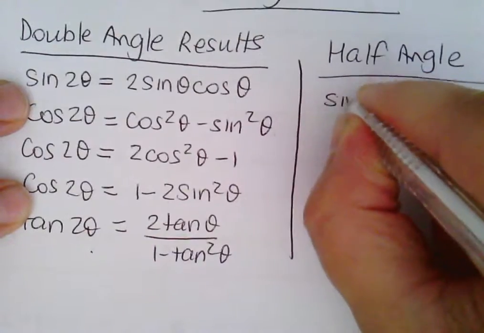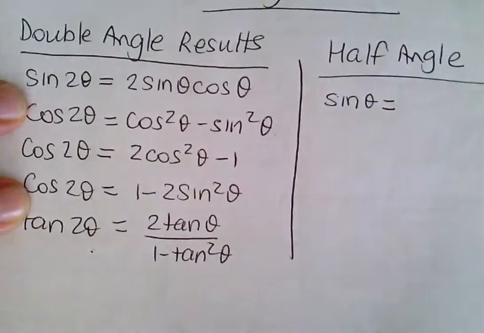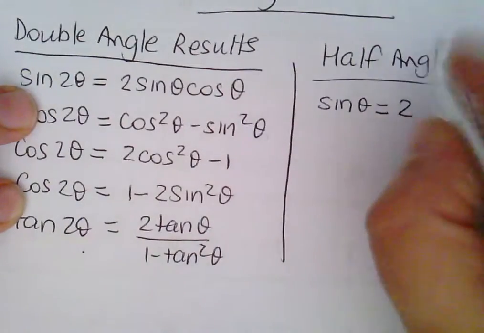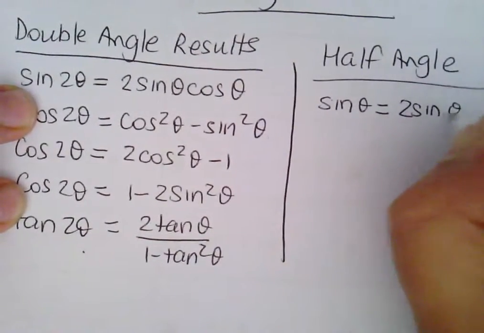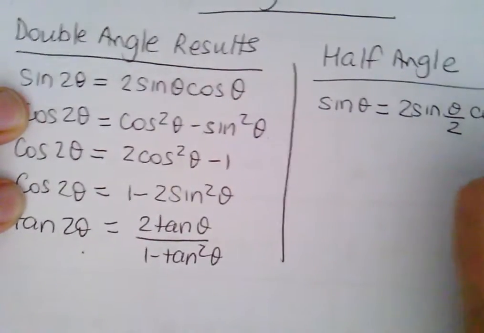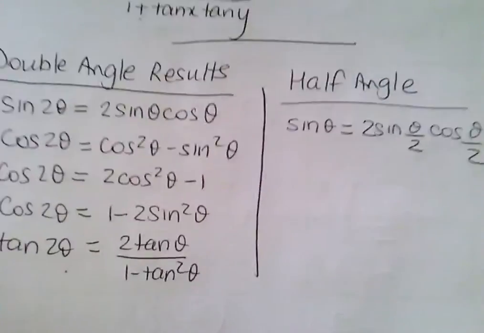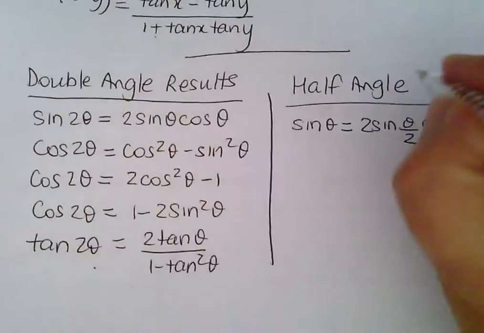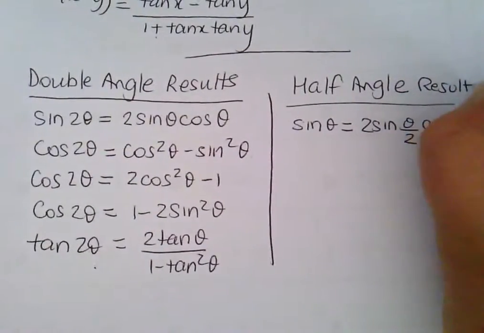So if I write sine theta, but I keep this result the same, as long as this theta out the front is double the size of these ones here, sine theta would be 2 sine theta on 2 cos theta on 2. That is a half angle result, but it's actually based on the double angle results.